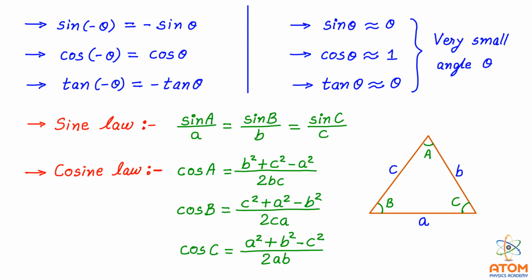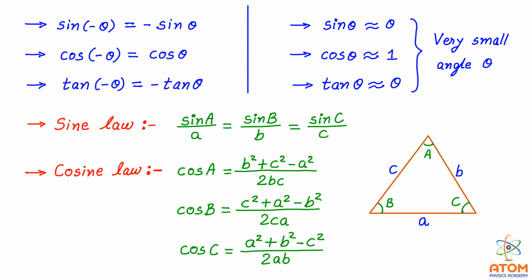Now cosine law. Here let me tell you that the full name of cos is cosine, C-O-S-I-N-E, and the full name of sin is sine, S-I-N-E. Okay, so cosine law, that is cos A is equal to b square plus c square minus a square upon 2bc. Look here, this is angle A. So cos A is equal to b square plus c square minus a square upon 2bc.